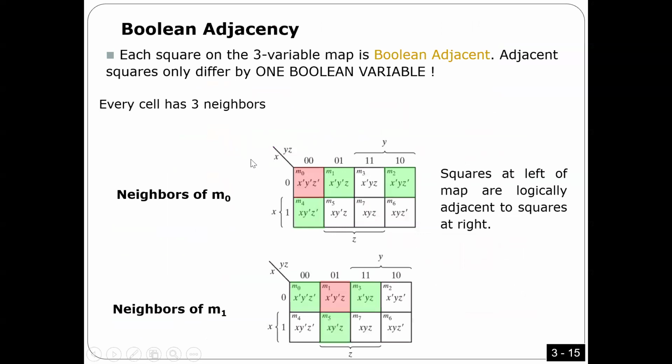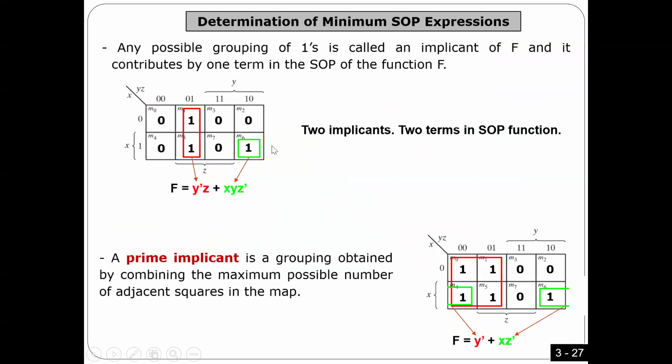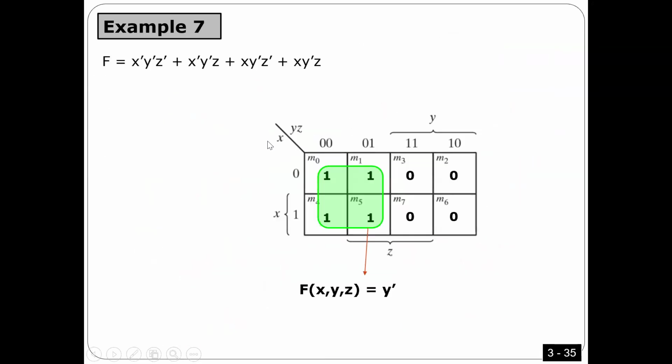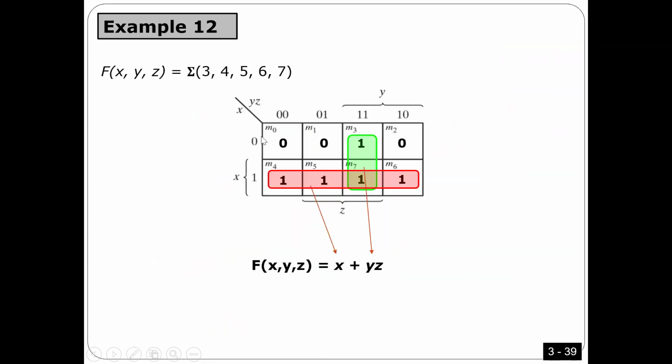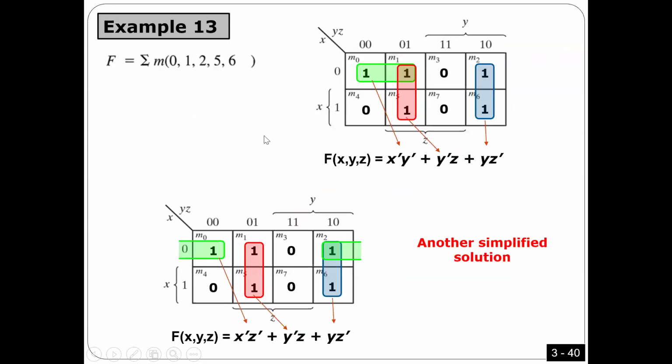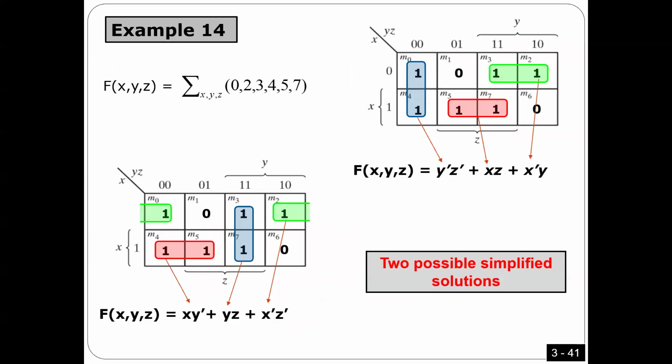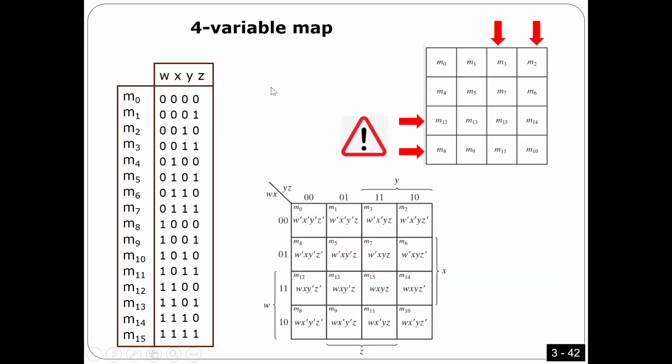So today, I'm going to explain how you can do the same thing, but for functions with four variables. You will find there are a lot of similarities between 3 variables and 4 variables. Also, you will see some differences.